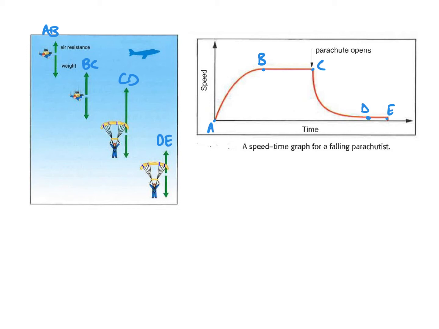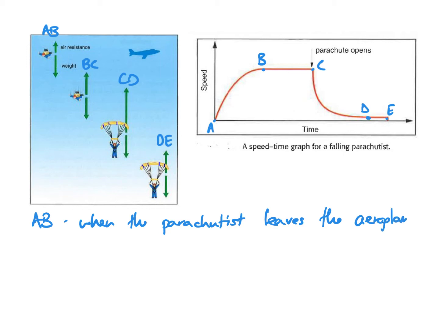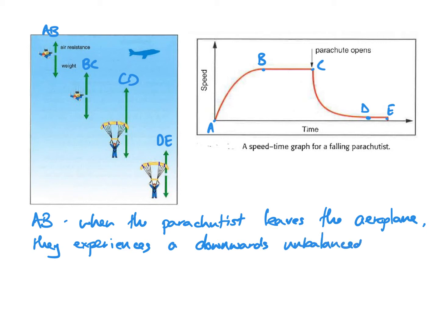So what's happening during AB? Well, as soon as the parachutist leaves the airplane, he or she experiences a downwards unbalanced force, their weight.